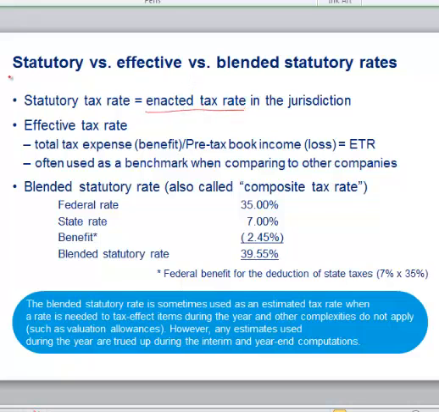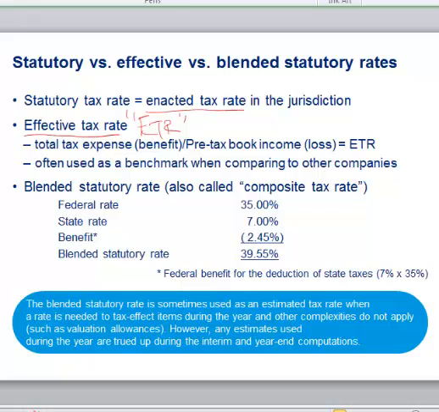So if I'm a corporation and I have $1 of income, I pay a 35% tax on that incremental $1 of income, so my statutory rate is 35%. My effective rate, my ETR, my effective rate is, you better not miss this when it's on the exam, my provision divided by my pre-tax income.